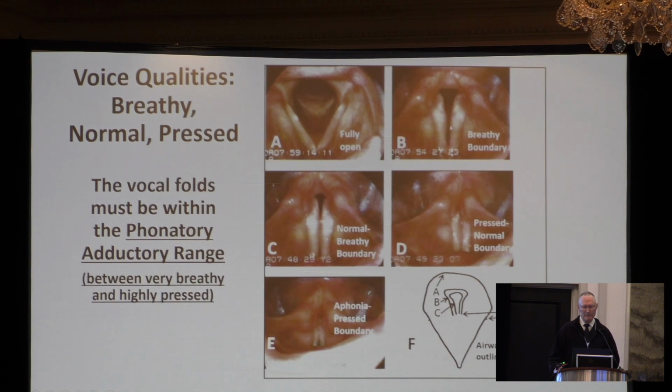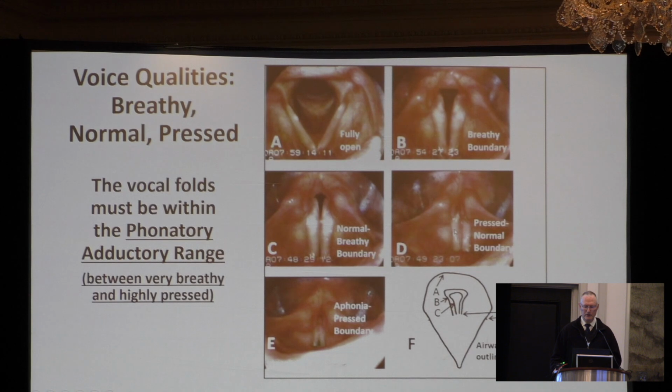There is an adductory level where the breathy boundary is, and that's the beginning of phonation. In this particular person, the distance between the vocal processes is 14% of this distance, so you have to go a long way until you get phonation. Then there's a normal breathy boundary, a little bit more adduction.